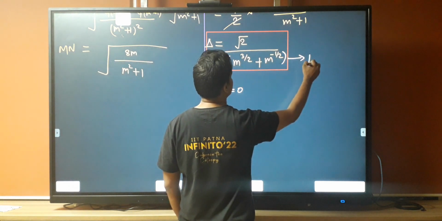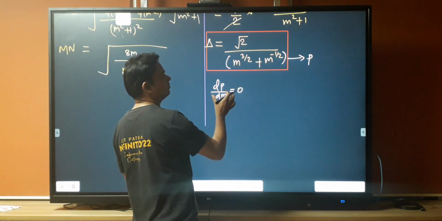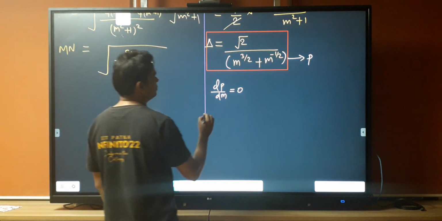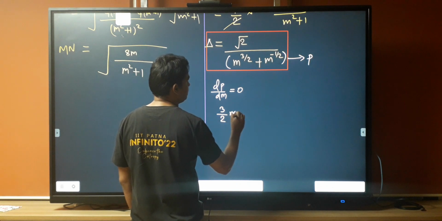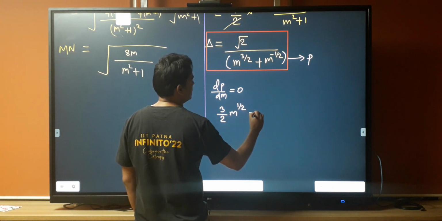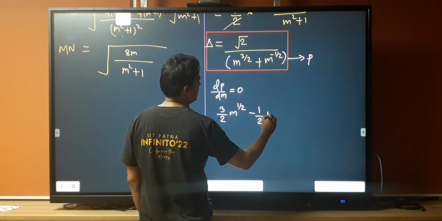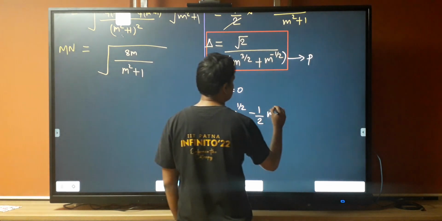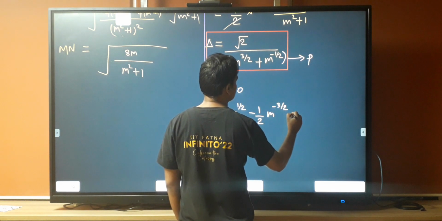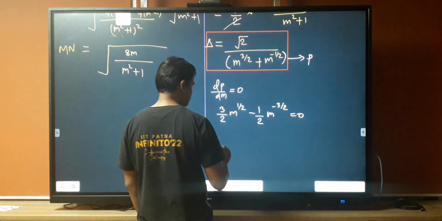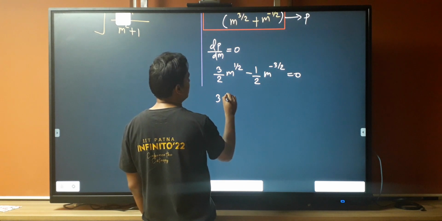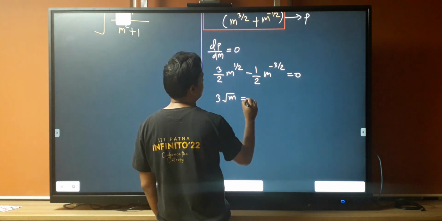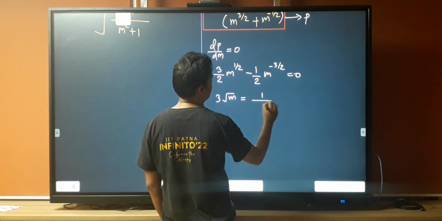If I take dp by dm equal to 0, then it will give me 3 by 2 times m to the power 1 by 2 minus 1 by 2 times m to the power minus 3 by 2, and that should be equal to 0. So this will give me 3 root m is equal to 1 upon m root m.